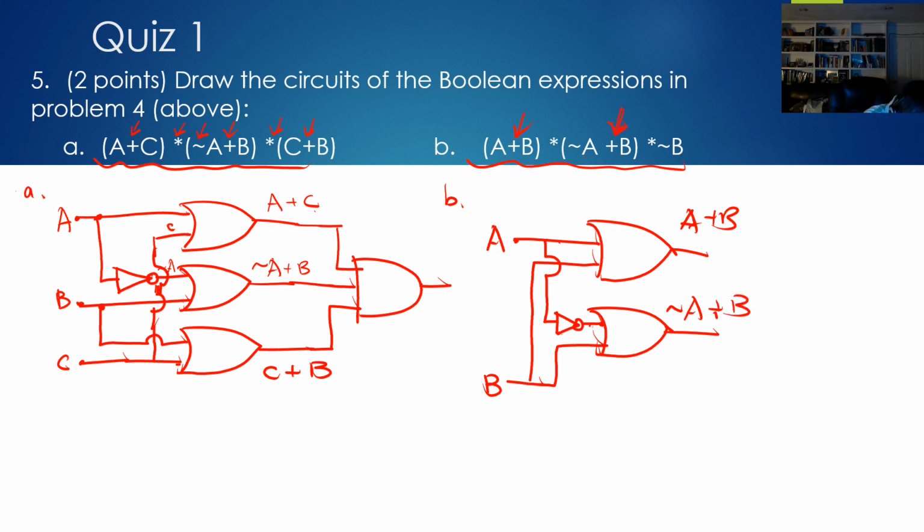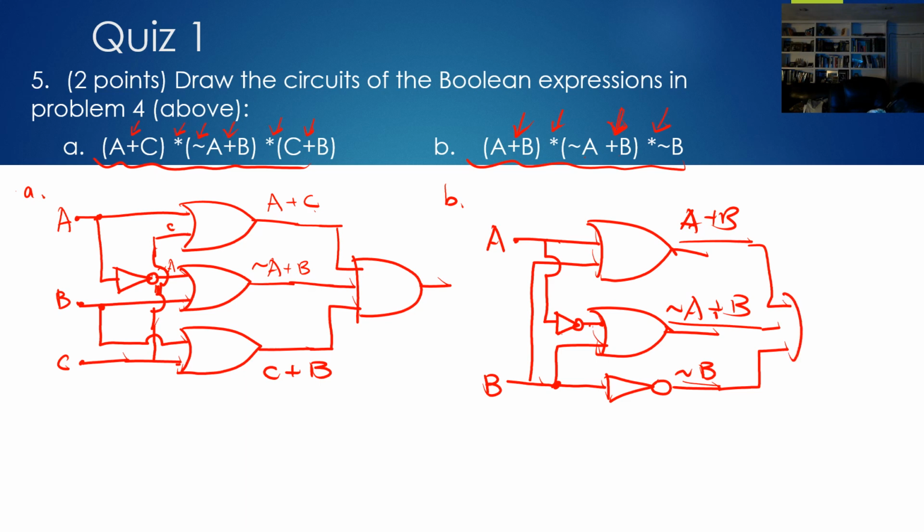Now the last one is tilde B. So then I'm going to go over here. So this is going to give you tilde B. So now I have A plus B, tilde A plus B, and tilde B. And all these 3 items are going to go into the AND gate.